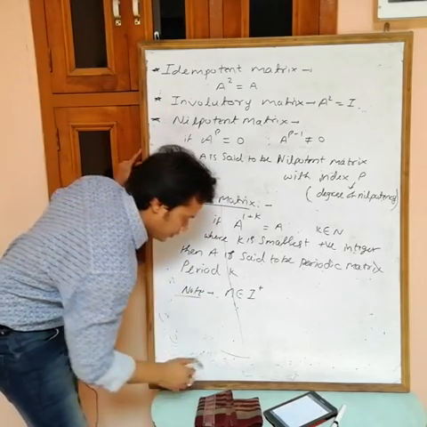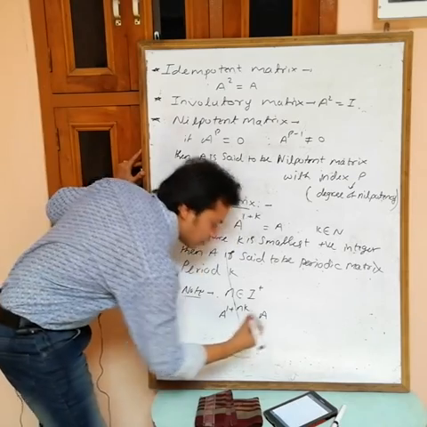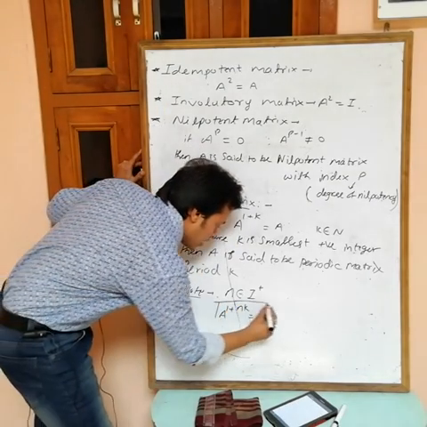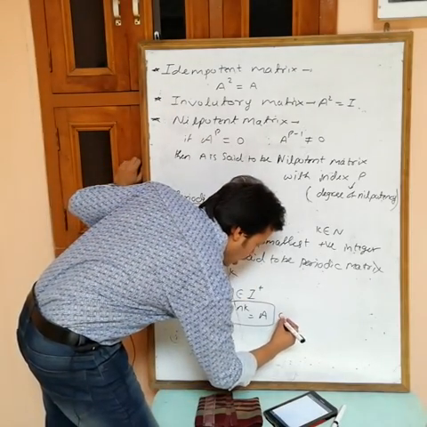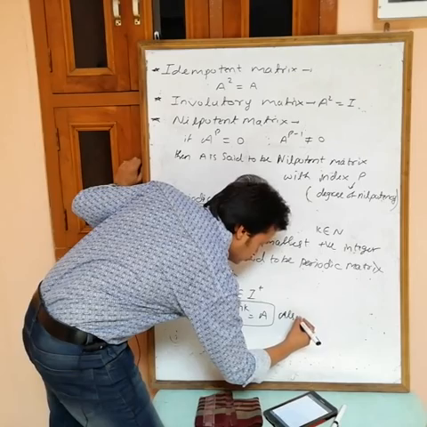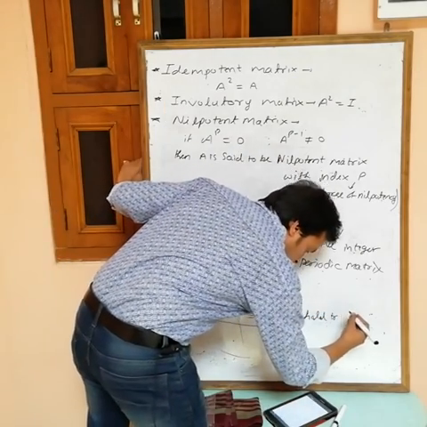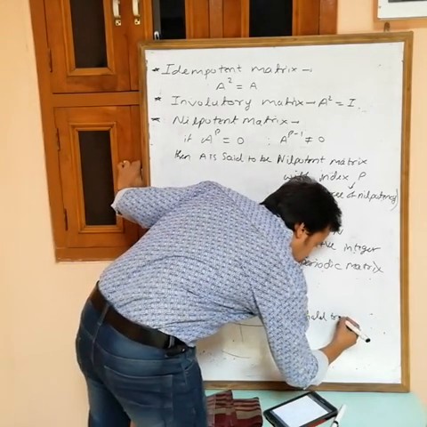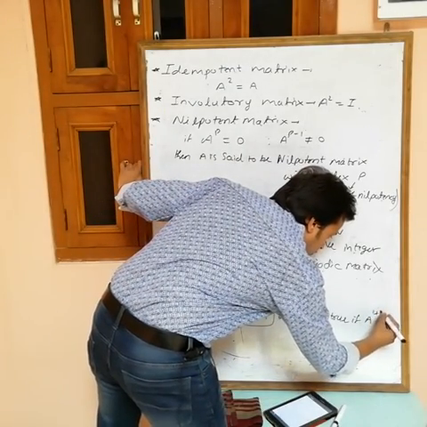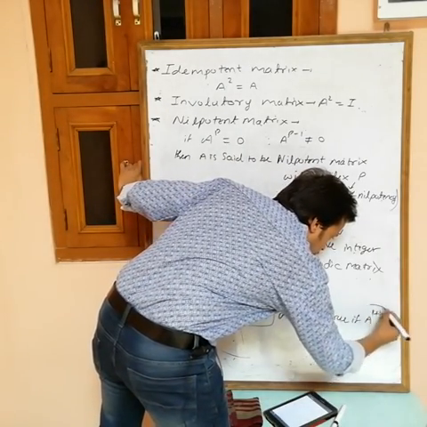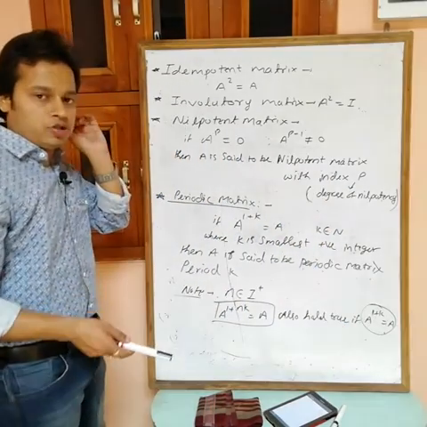If n is a positive integer, then A power 1 plus nk is also equal to A. This also holds true if A power 1 plus k is equal to A. If A is a periodic matrix with period k, then A power 1 plus nk is also equal to A.